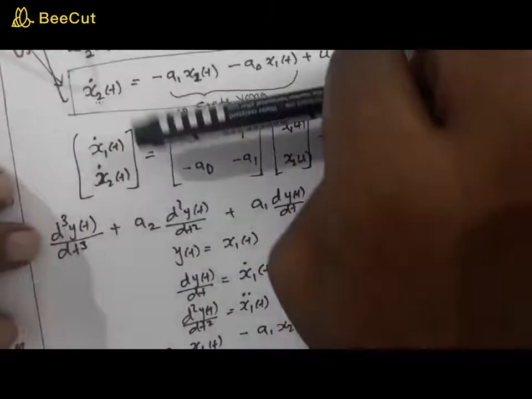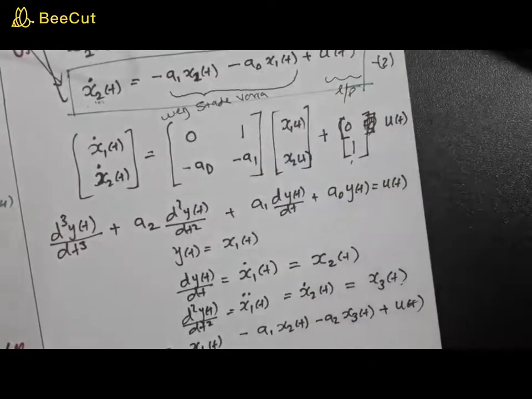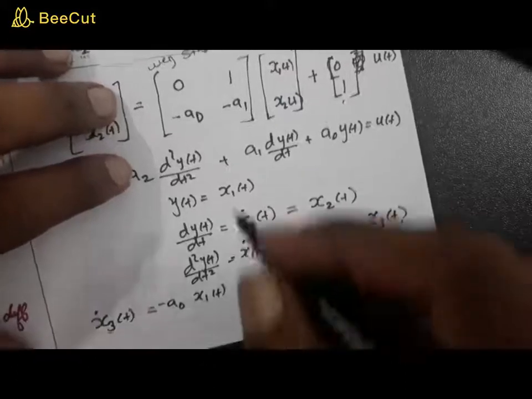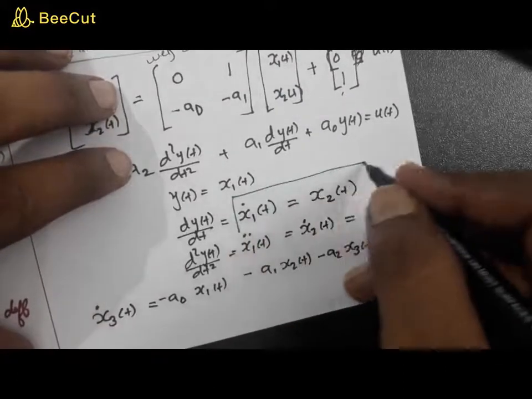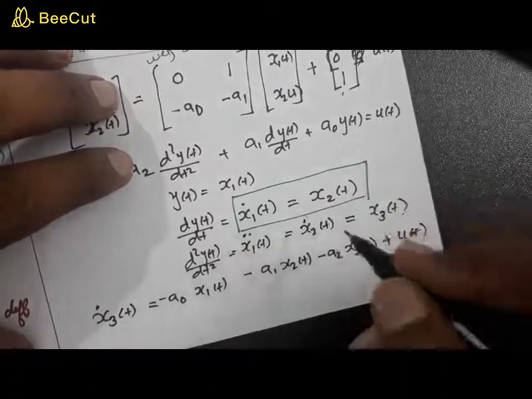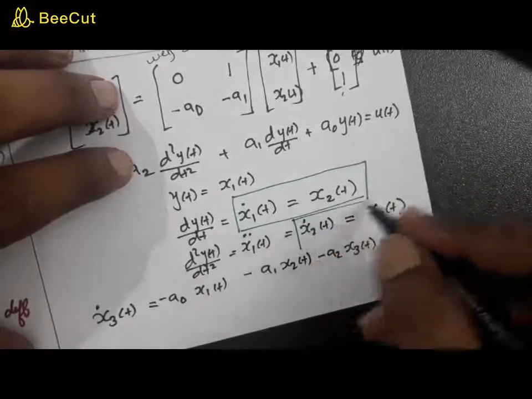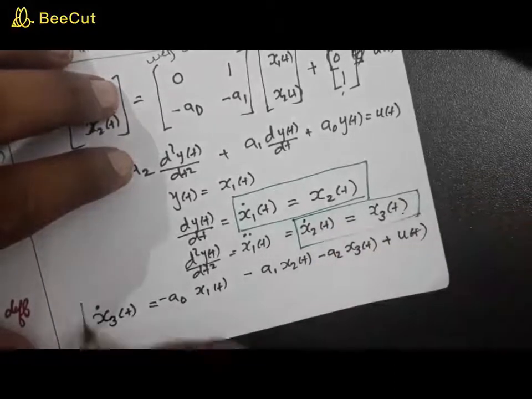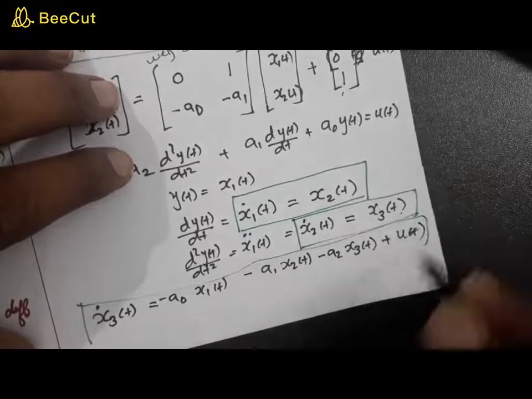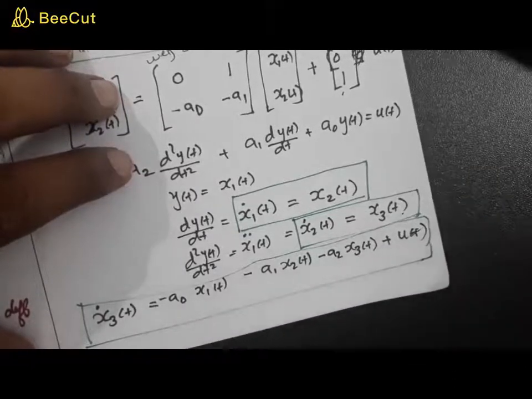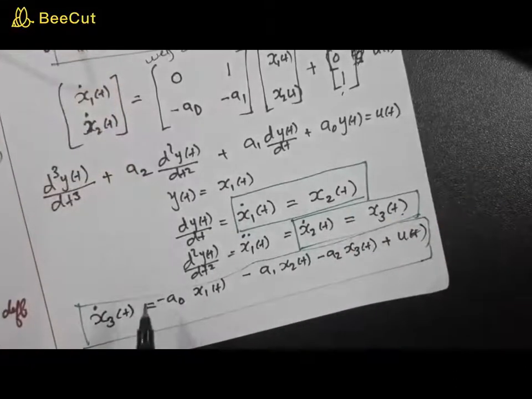Now look at this. Let us find out the three sets of equations. This is the first, x1 dot of t is equal to x2 of t. This is the second equation, and this one is the third, right? Now how many equations do you have?